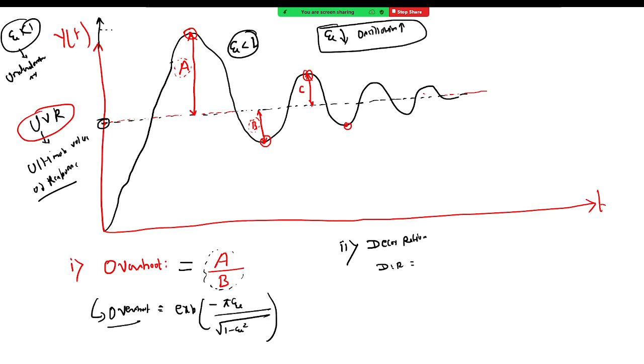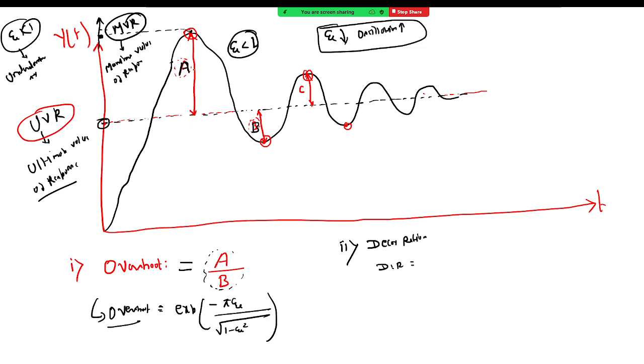The response can go up to this particular maximum value, which is called the maximum value of response. We are very much interested in the ratio of these two peaks. That's it. They have defined the decay ratio as A by B.